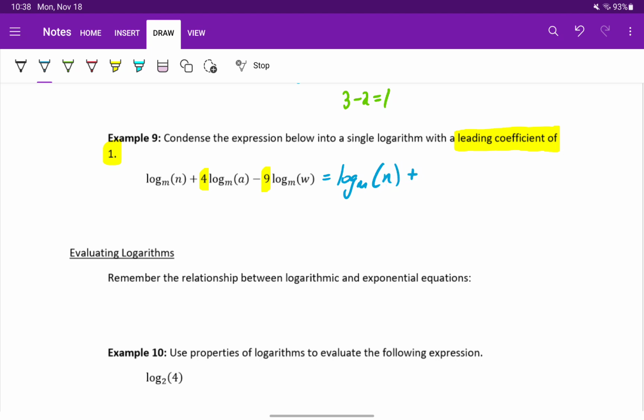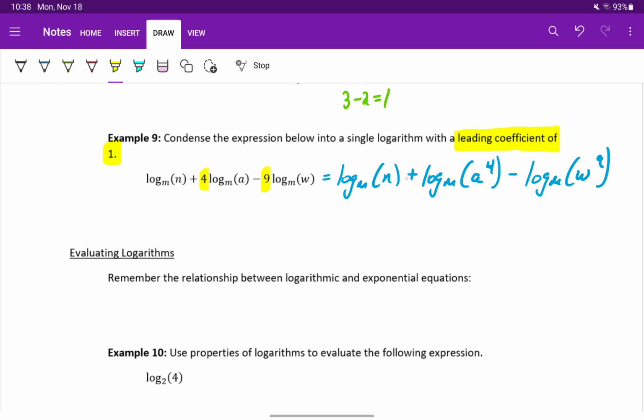But for the second and third log, we'll bring those coefficients up as an exponent. So this will become the log base m of a to the fourth power minus the log base m of w to the ninth power.